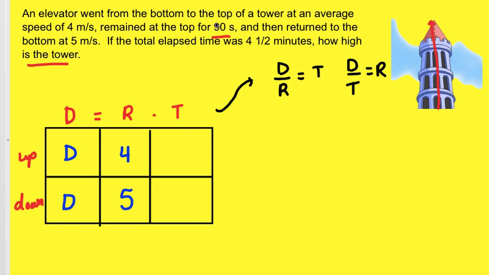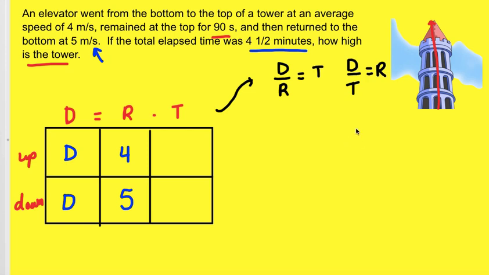But now I've got to look at the time. The 90 is in seconds and the 4.5 is in minutes, so I need to convert them to the same unit. Since this question was in meters per second, I decided to turn 4.5 minutes into seconds.